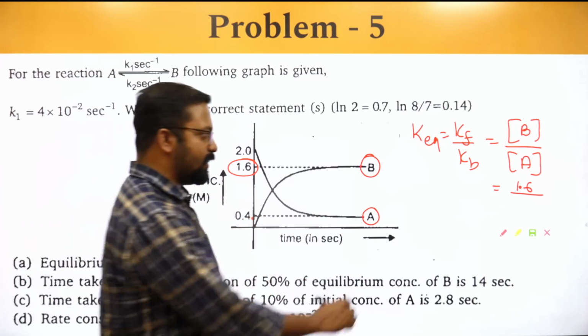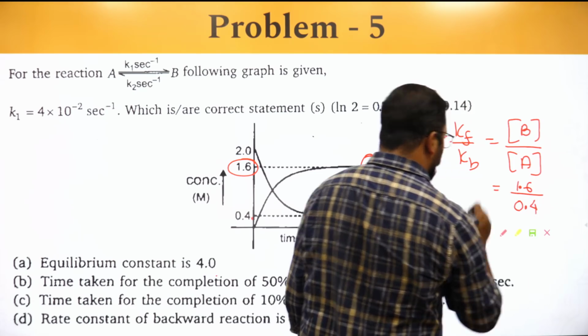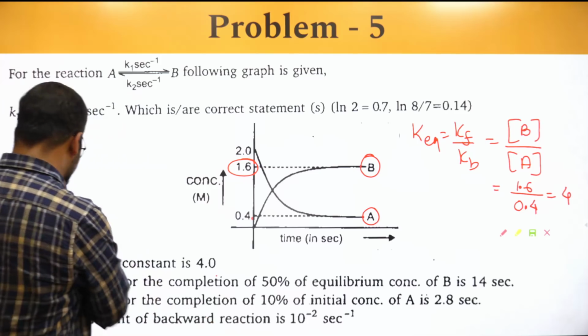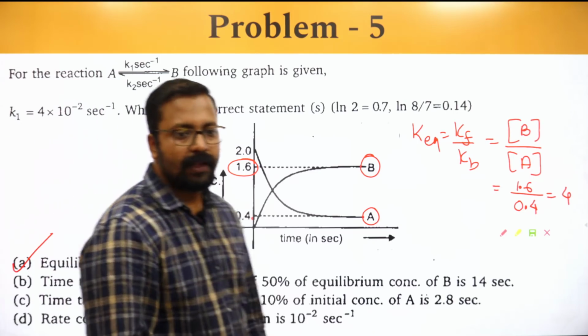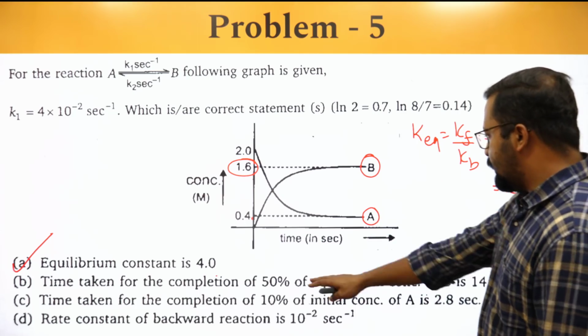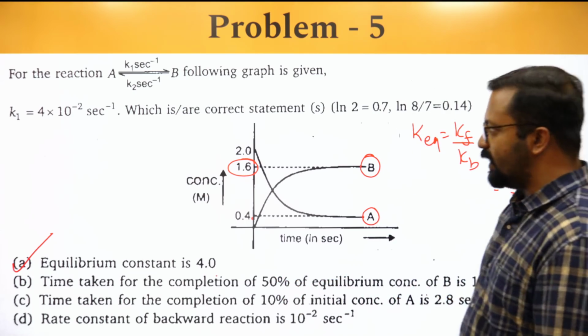What is the amount of reactant? That is 0.4. So this turns out to be 4. So K equilibrium is 4. Time taken for the completion of 50% of equilibrium concentration of B is 14 seconds.